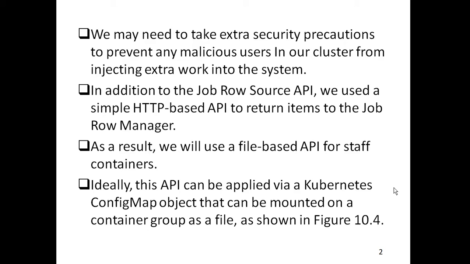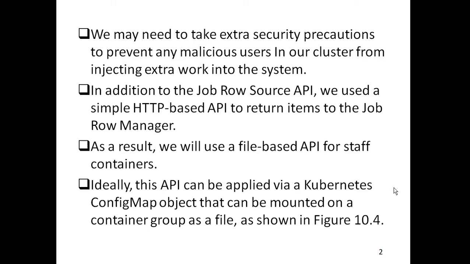In addition to the work source API, we used a simple HTTP-based API to return items to the work queue manager. As a result, we will use a file-based API for worker containers. Ideally, this API can be implemented via a Kubernetes config map object, an object that can be mounted on a container group as a file.